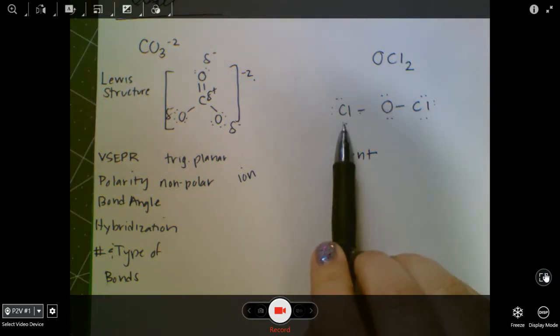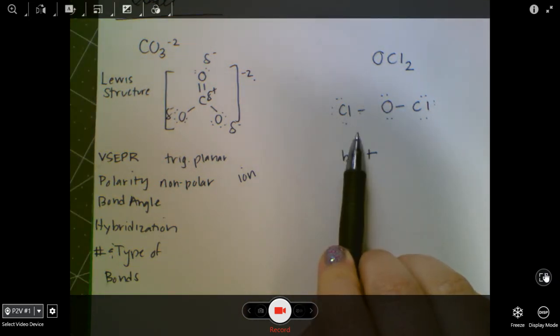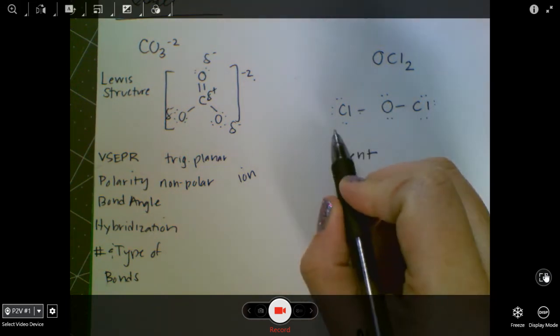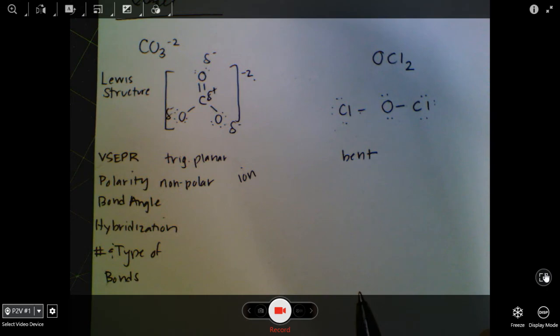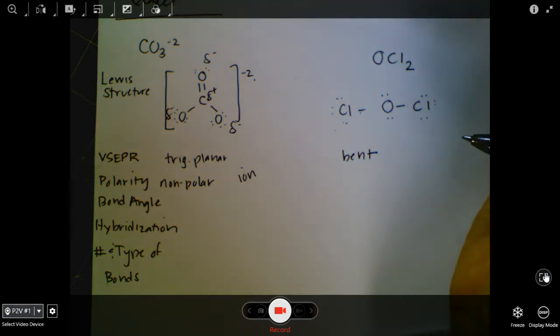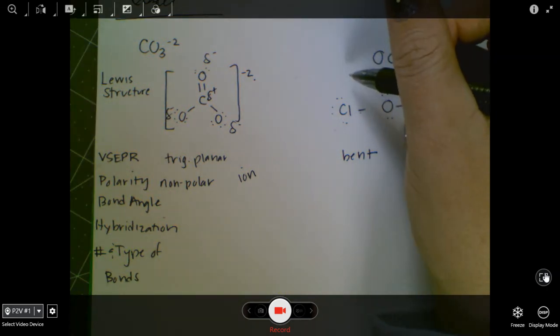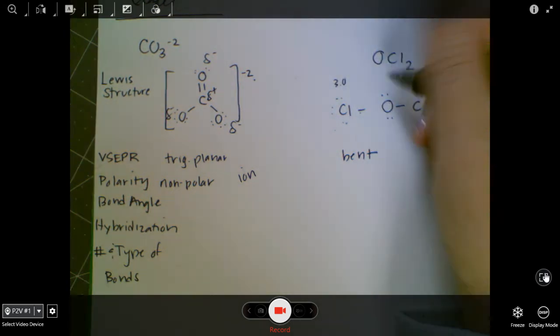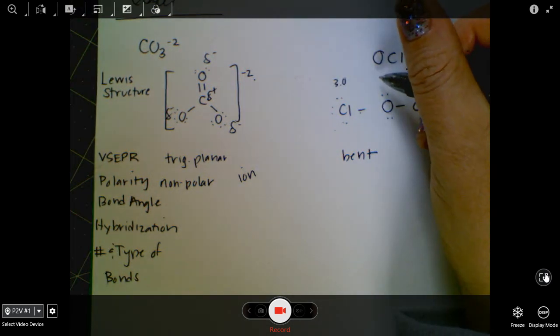So in the case of the OCl2, you have Cl to O, and I think if I'm doing this off the top of my head, the difference between them is 0.5. So there's not a huge difference, but there is a difference in electronegativity here. So the Cl has, I believe, an electronegativity of 3.0.